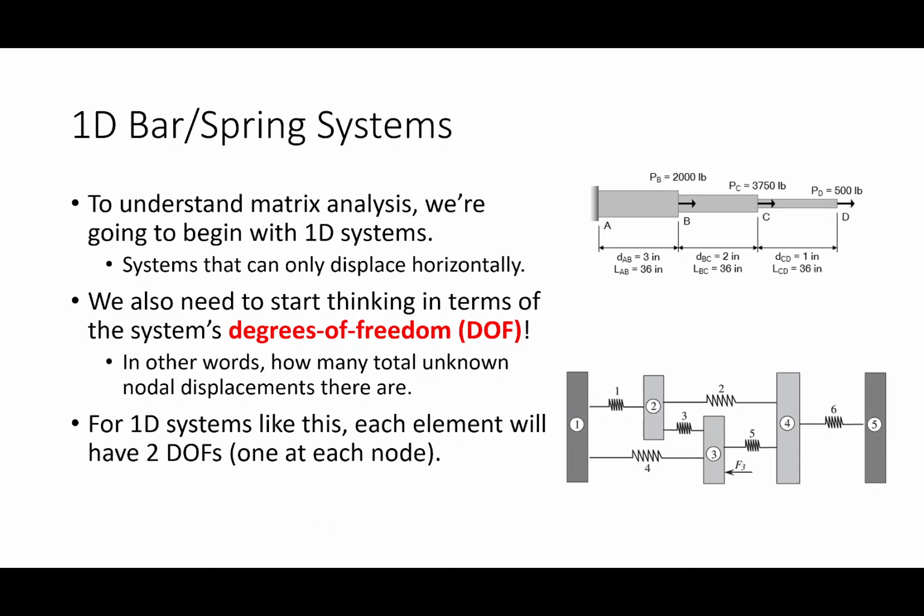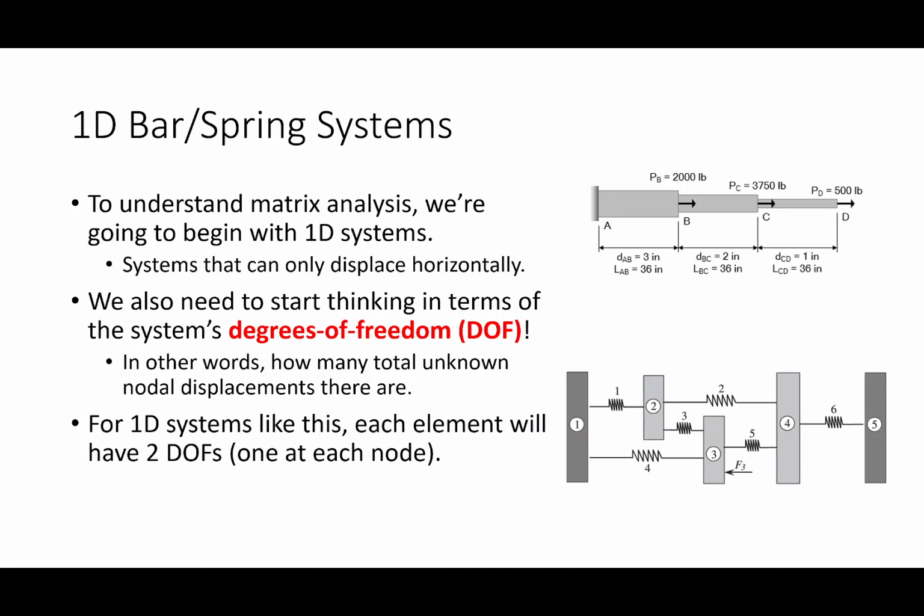Now the reason that I'm calling this a one-dimensional bar element, okay, is I want to talk a little bit about what the goal is in a matrix analysis. So the goal in a matrix analysis is to directly compute what I will call the nodal displacements. So the idea is, let's say here's the spring.